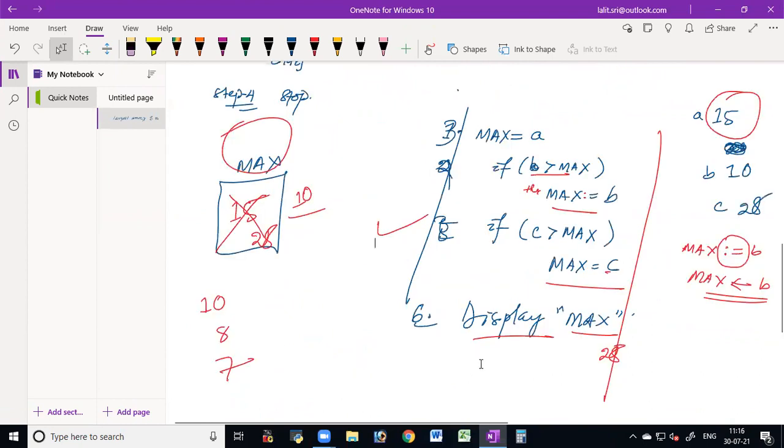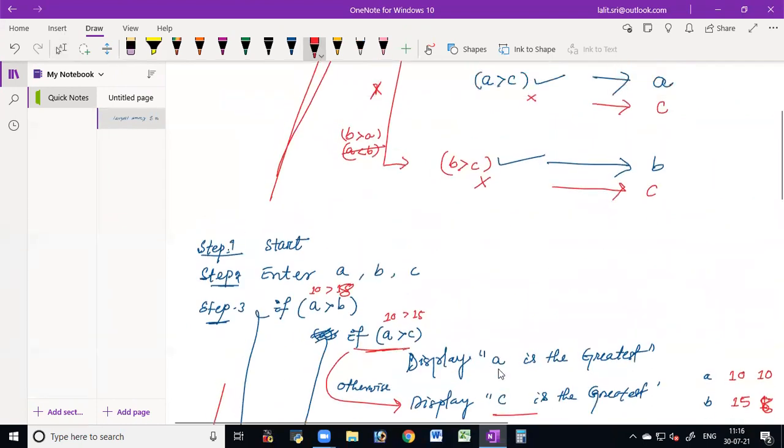Another way is also there, by combining two conditions. Suppose I combine two conditions, A greater than B and A greater than C, in one condition. If this is true, then A is greatest, otherwise C is greatest. In this way I can write three conditions.